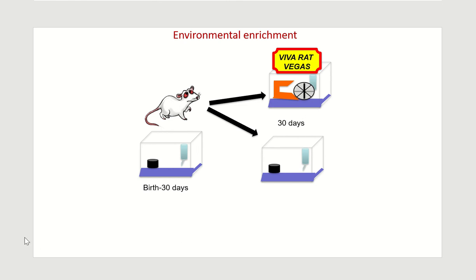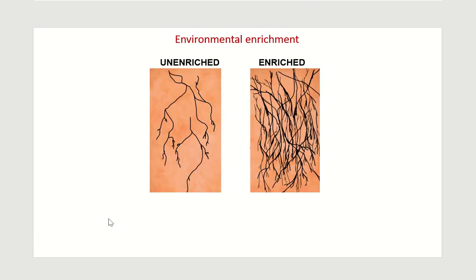Viva Rat Vegas. What we see is the unenriched rats' brains are actually simpler than the rats raised in an enriched environment. Those rats who had things to do, things to play with, wheels to run on, actually made more connections in the brain than rats who didn't have those things.